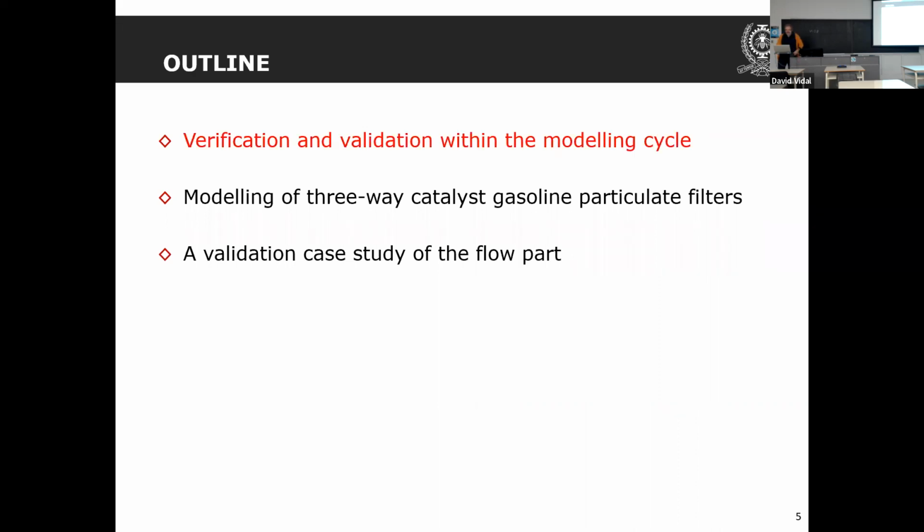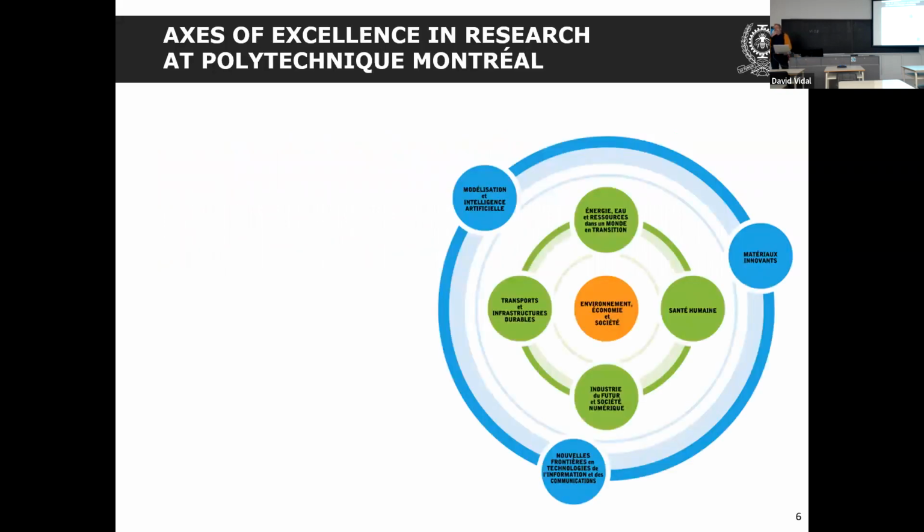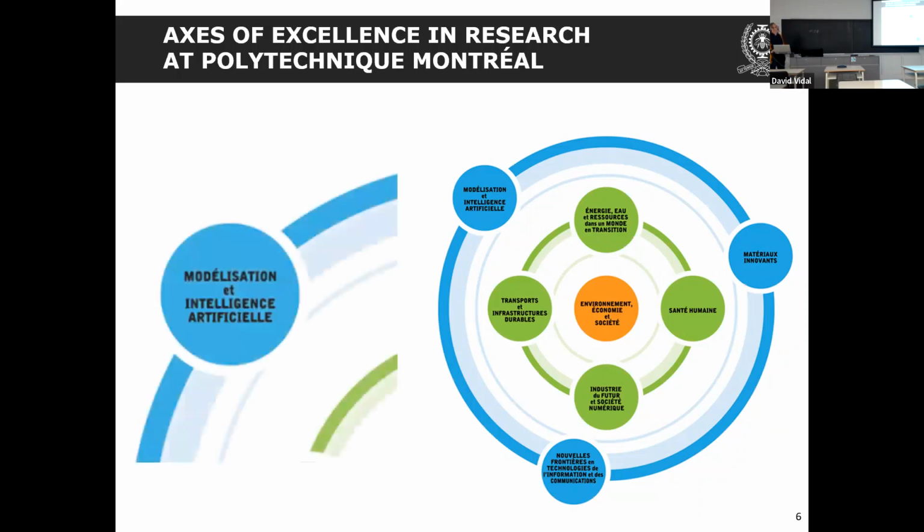So if we start with verification and validation, if you look at the axes of excellence in research at Polytechnique Montreal, there are three main axes, and one of them is modeling, modélisation in French. Modeling is quite an important part of the activities of engineers. And of course, if we talk about modeling, then we also need to verify and validate that this modeling is accurate.